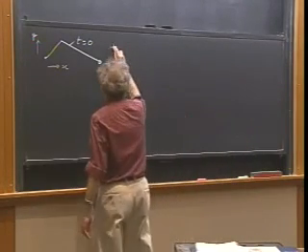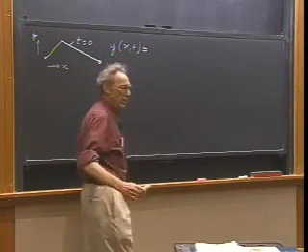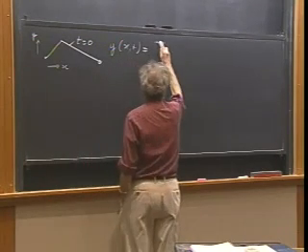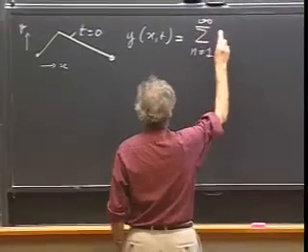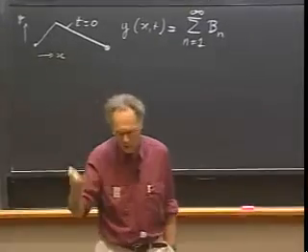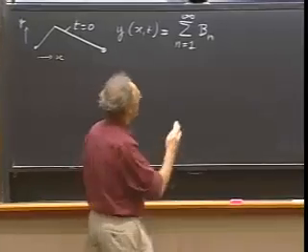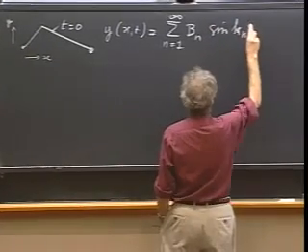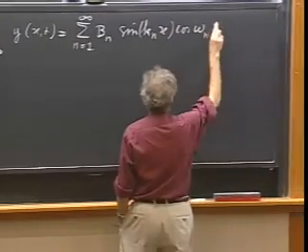If you write down y as a function of x and t, then we know from what we have learned to date that you should be able to write this as the sum from n equals 1 to infinity of amplitudes, which I indicate with a b now rather than with an a, but b is of course an amplitude, has a dimension length, times the sine of k_n x times the cosine of omega_n t.